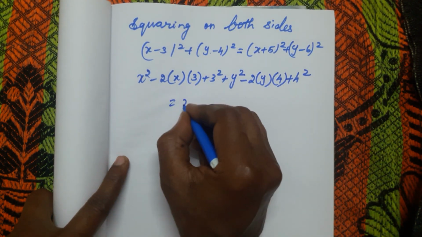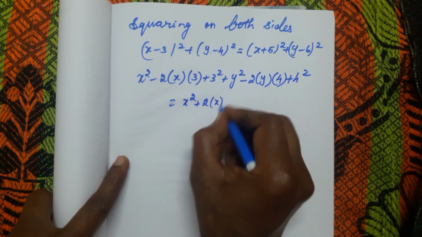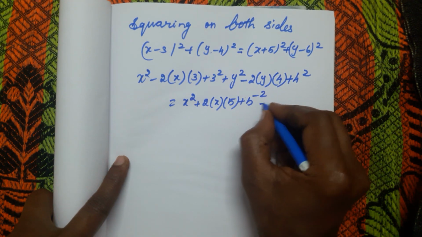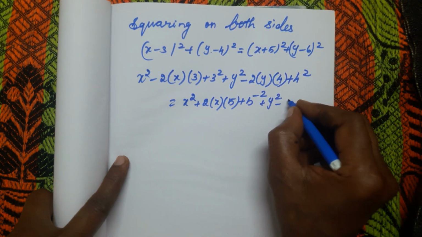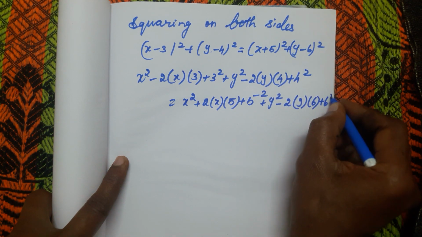It is equal to x square plus 2 into x into 5 plus 5 square, plus y square minus 2 into y into 6 plus 6 square.